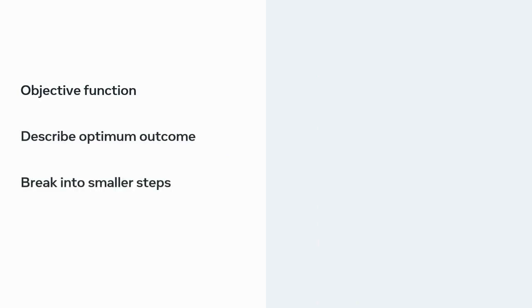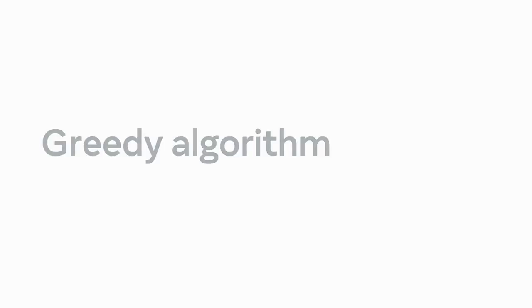Essentially, this can be outlined as first, determining the objective function. That is the description of what the optimum outcome is to be. Next, breaking the problem into smaller steps, and then deciding which dynamic programming approach you would like to apply to achieve your desired outcome.